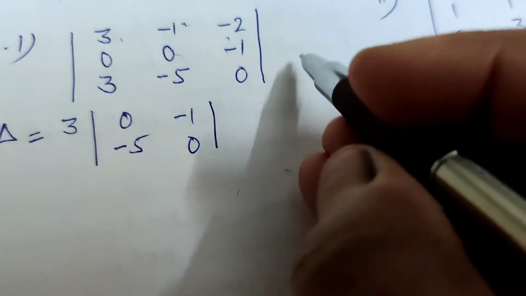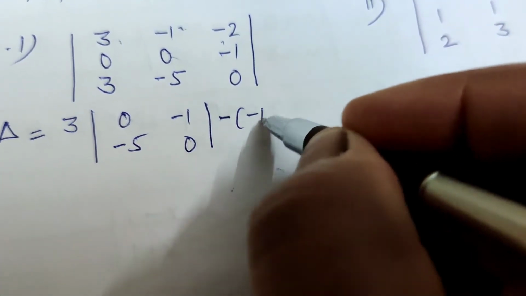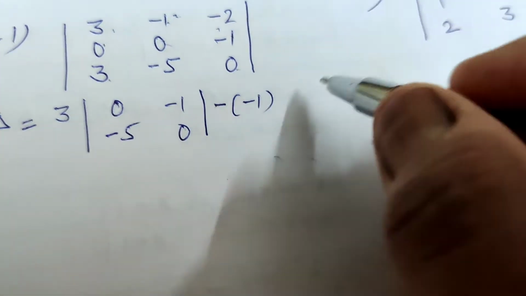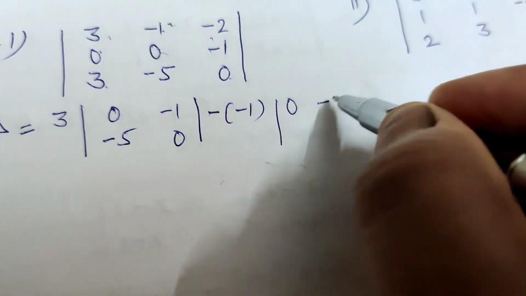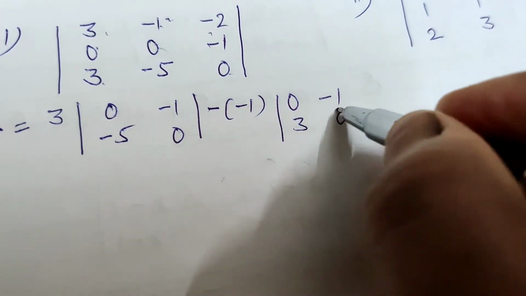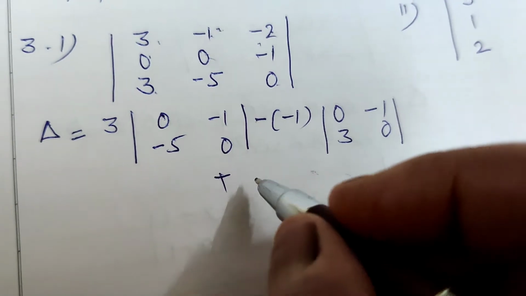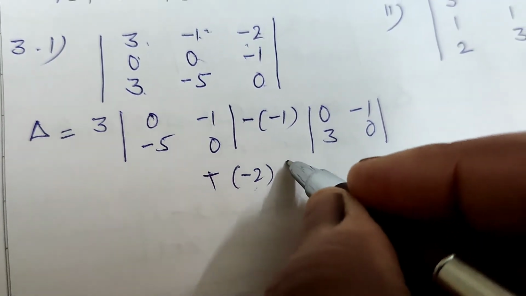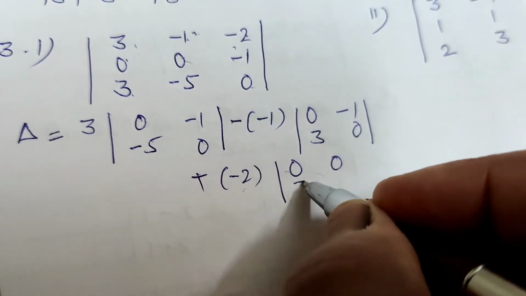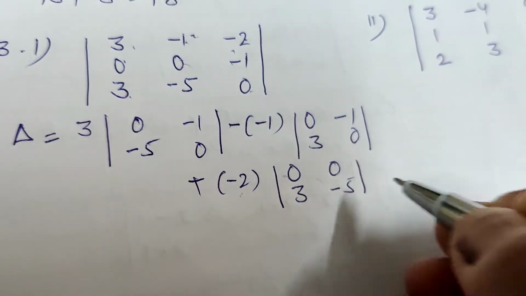And second, minus, and minus 1 multiplied by 0, minus 1, 3, 0. And the third, minus 2 multiplied by 0, 0, 3, minus 5.